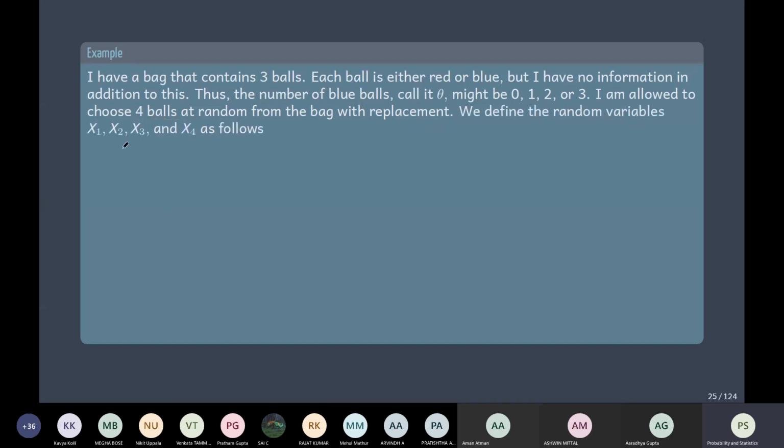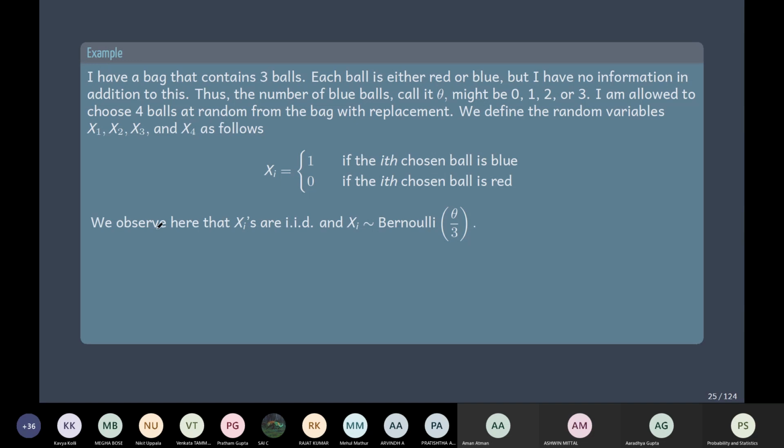So we define the random variables x1 to x4 as follows. xi is 1 if the ith chosen ball is blue, and xi is 0 if the ith chosen ball is red. We observe here that the xi's are IID, and xi will follow a Bernoulli distribution.